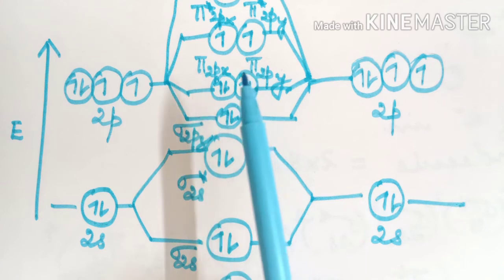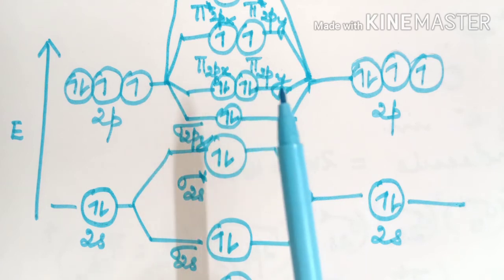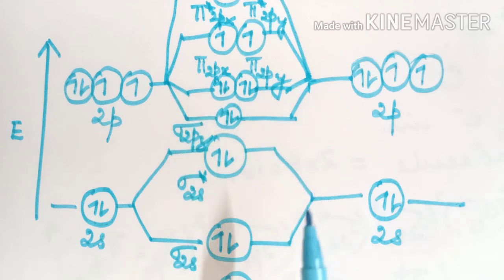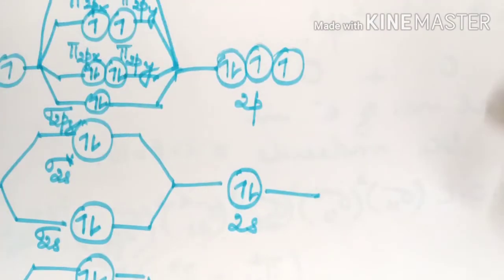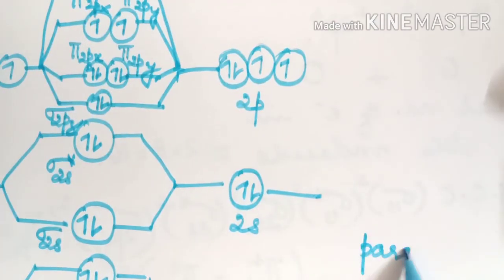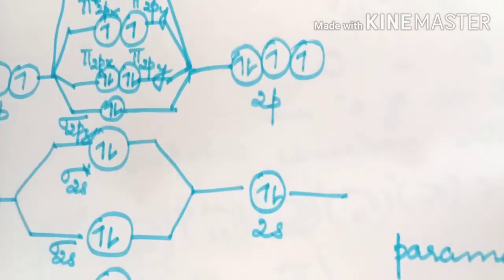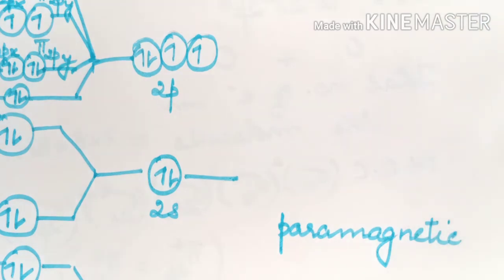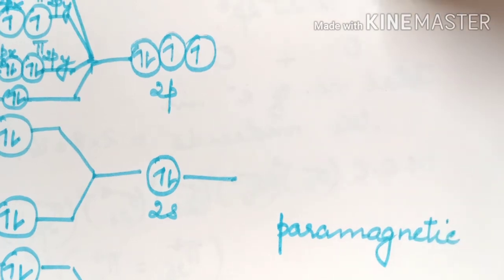So if the molecule has unpaired electrons in them, they are capable of being attracted towards a magnet, and such a type of molecule is said to be paramagnetic in nature. So the nature of the molecule is paramagnetic. On analysis, experimentally also, oxygen was found to be paramagnetic in nature.